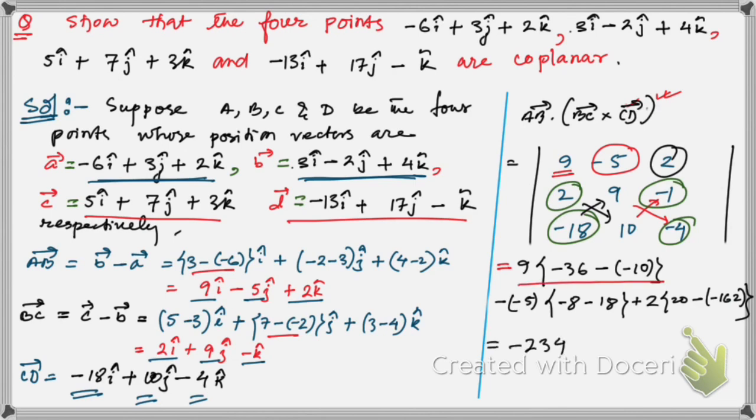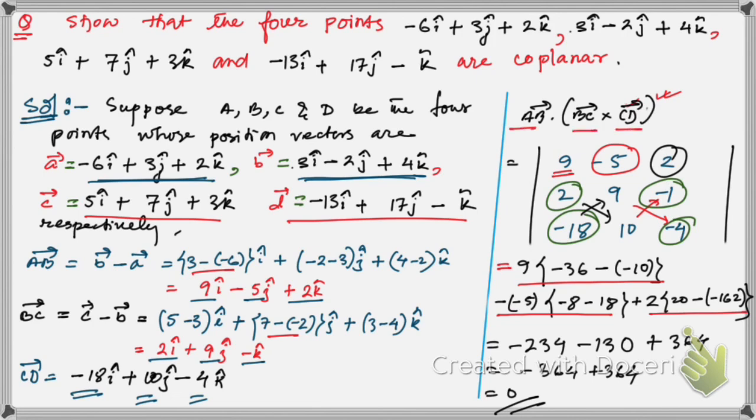If you calculate those things, you're going to get minus 234, minus 130, 364, and summing up the negative numbers, you will get 0. This 0 means these 3 vectors, AB vector, BC vector, CD vector, are coplanar, which means the 4 points A, B, C, D are coplanar. So that's how we can solve.